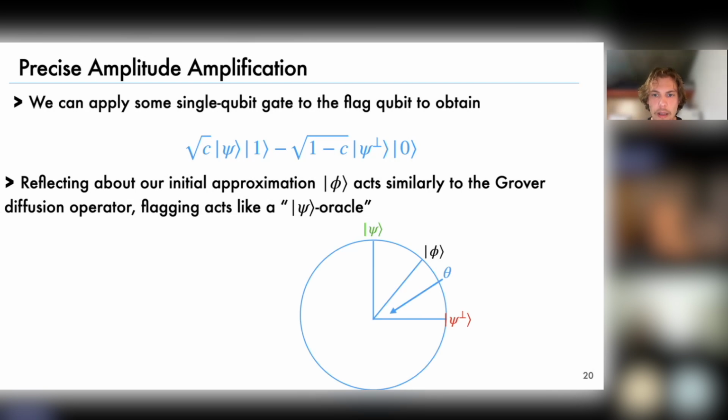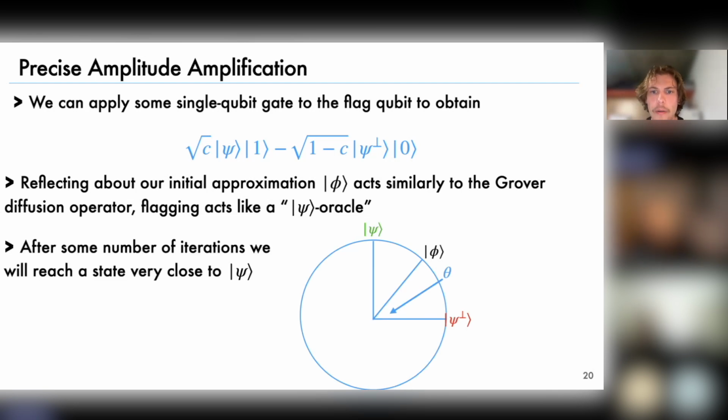This isn't too crazy. This is along the lines of any amplitude amplification variant you've seen before, but to make everything complete, we can alternate between these diffusion and oracle calls, and eventually we'll end up with some state that's very close to the target psi.